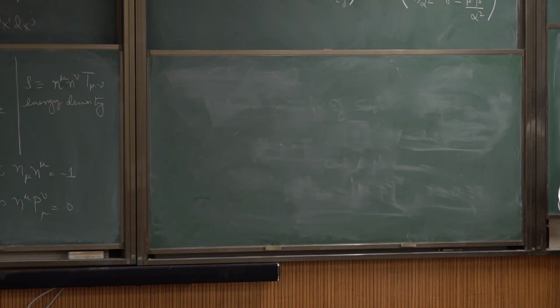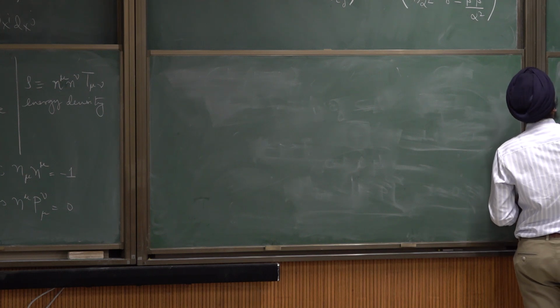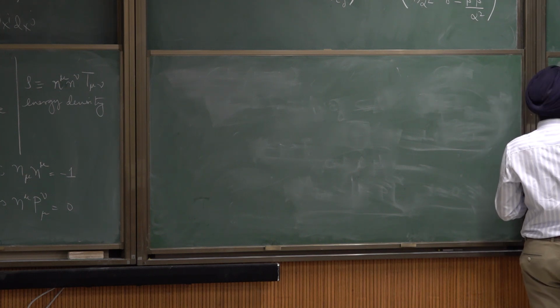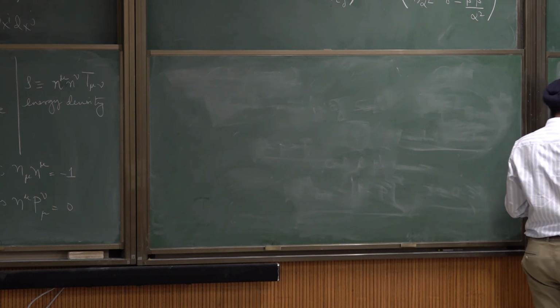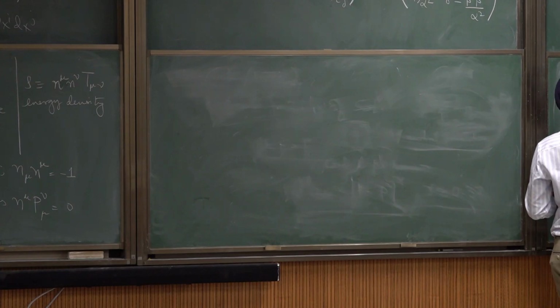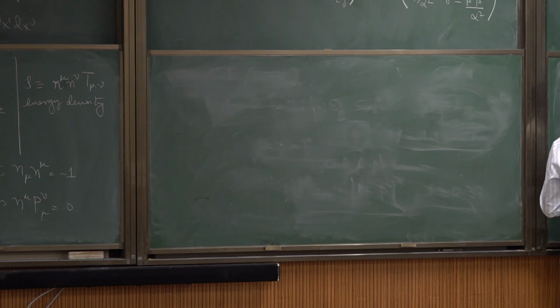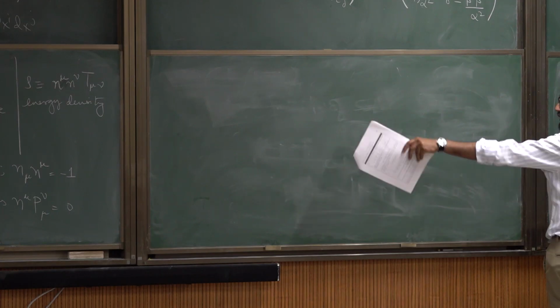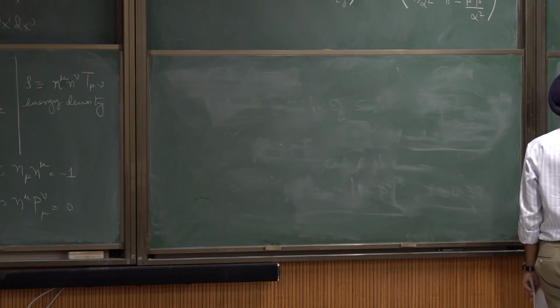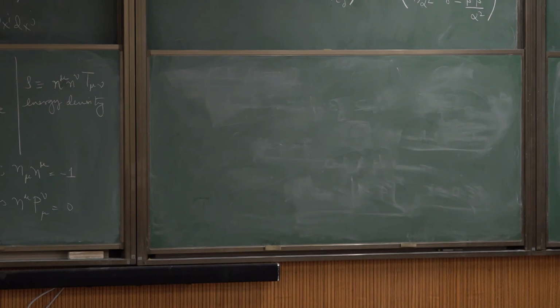There are two constraints. The momentum constraint is D_j (K^ji − γ^ji K) − 8π S^i = 0. Just like you have the energy density, you need some sort of momentum current.